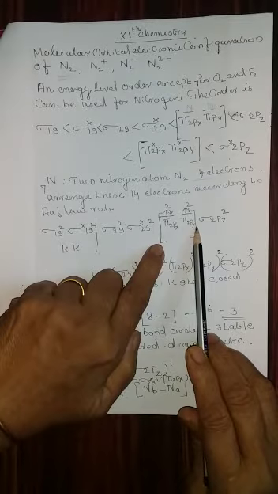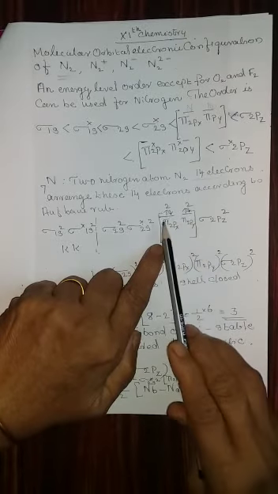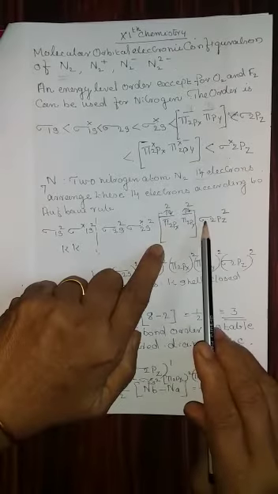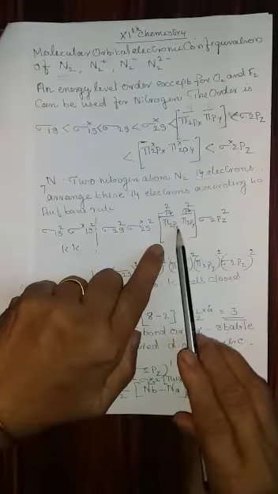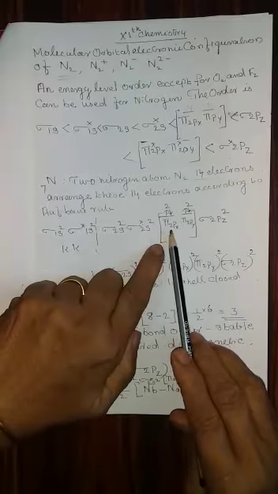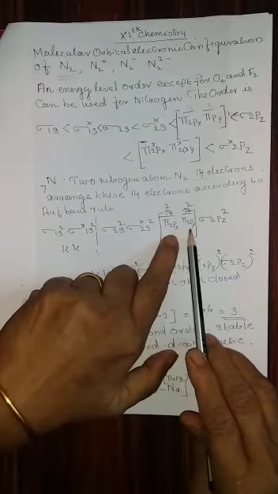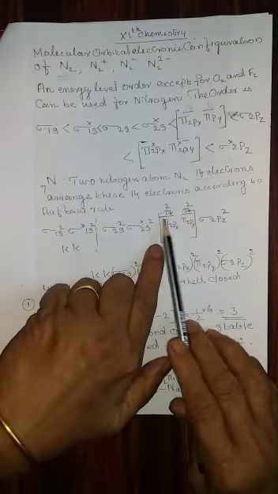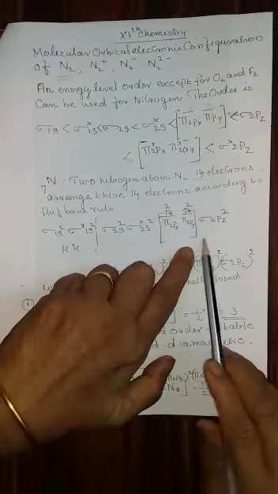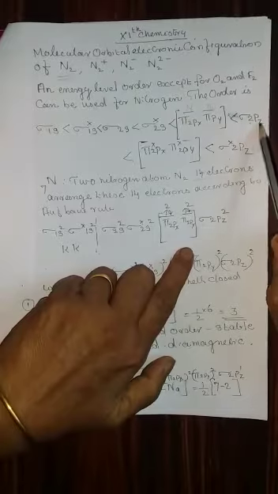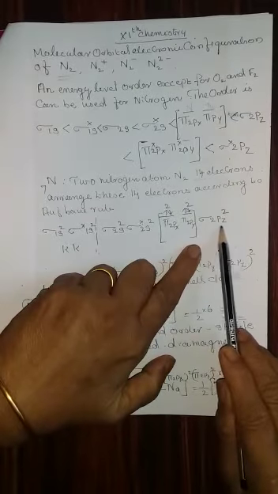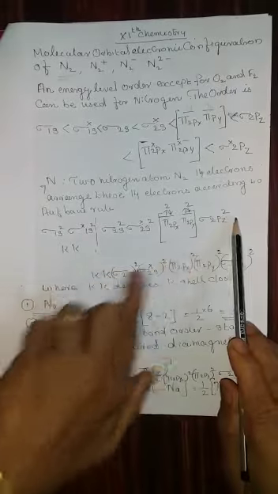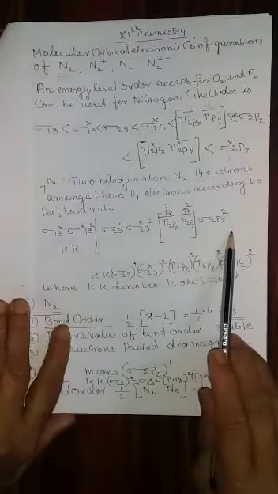That means the balance is 4 electrons. Since we have 4 electrons, we can pair them. Therefore, pair the pi 2px and pi 2py. Now all the 4 electrons are over. Balance is 2. The next orbital is sigma 2pz. Therefore, put those 2 electrons there. This is the electronic configuration.